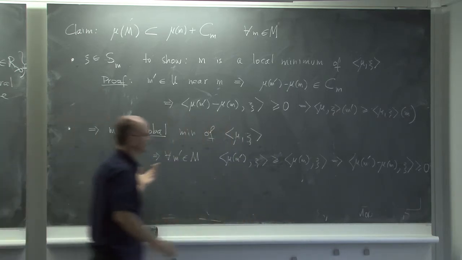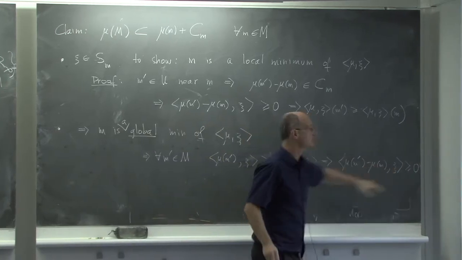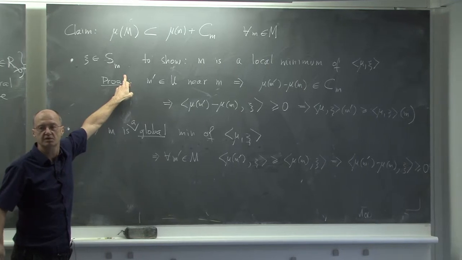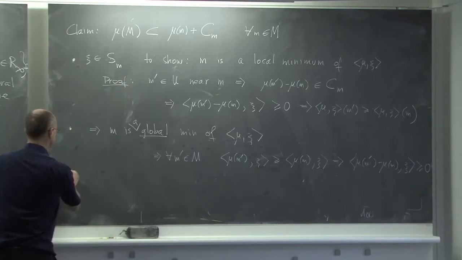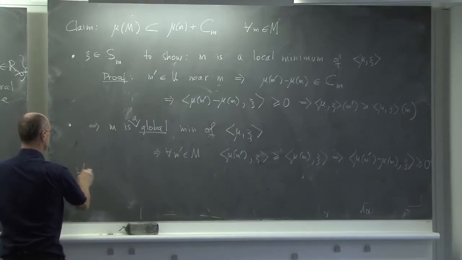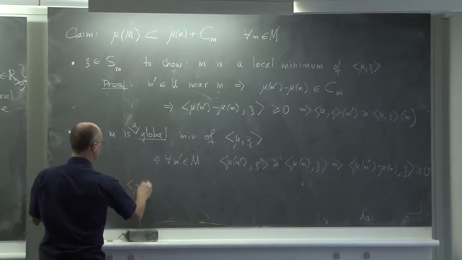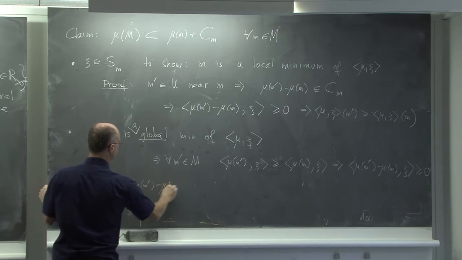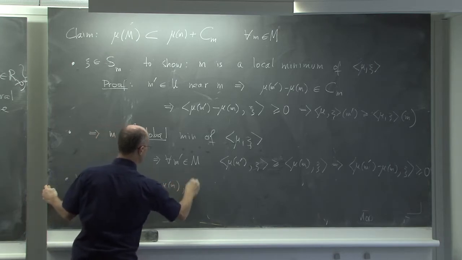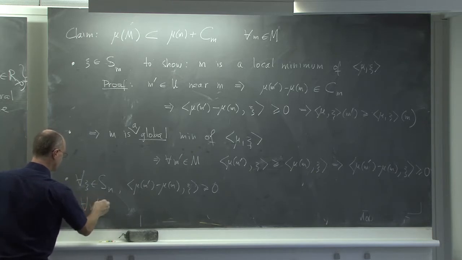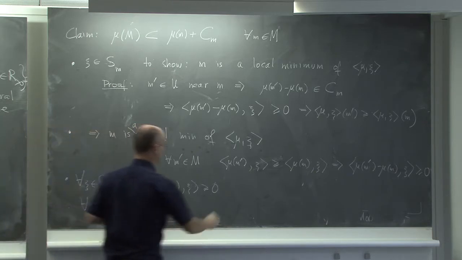But this is a statement for any psi in Sm. So for any psi in Sm, mu of m prime minus mu of m with psi is greater or equal to 0. And that's also for any m prime in M.